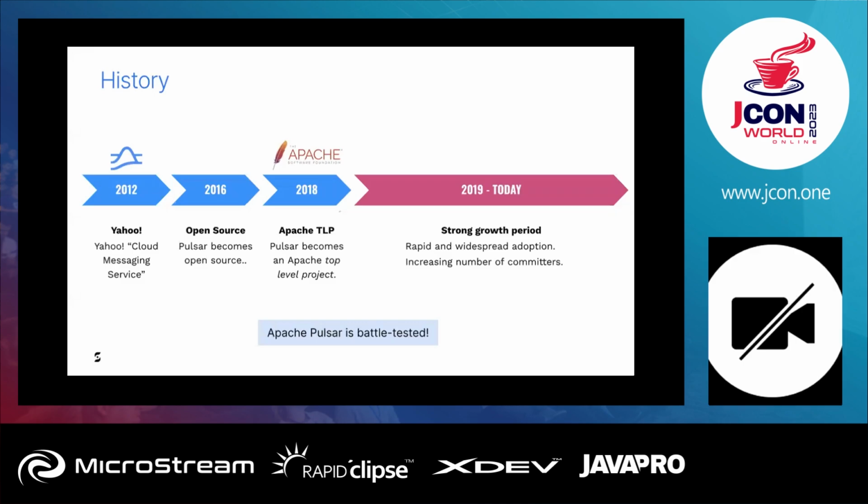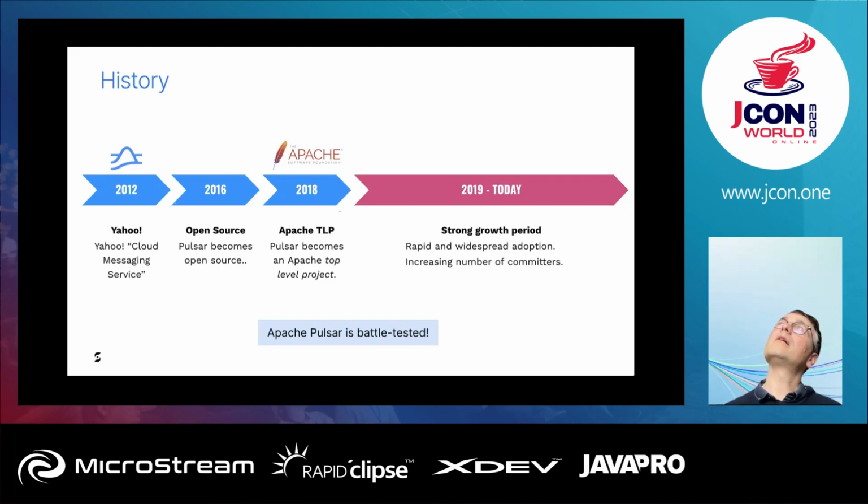Okay, and are there any minuses of Pulsar compared to Kafka? Well, that's a very good question. I would say Pulsar has a sophisticated architecture, so if you have basic needs, you may not need Pulsar.